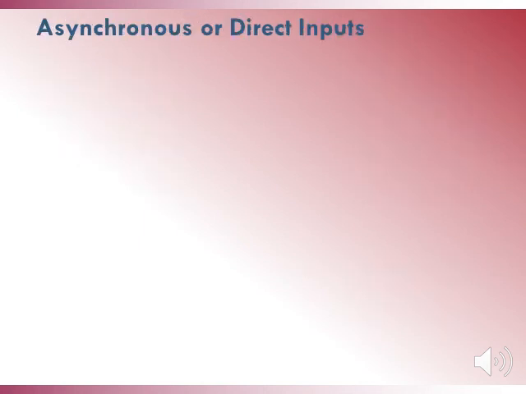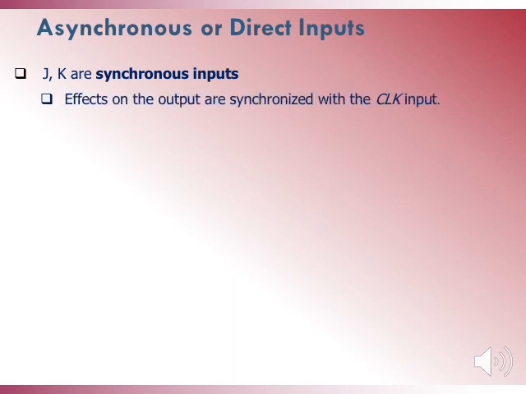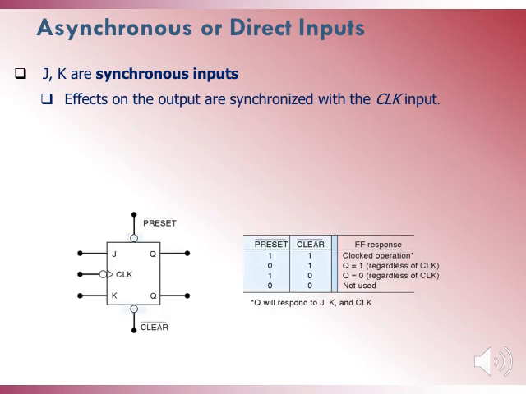Now we consider flip-flops with asynchronous or direct inputs. Previously, the JK inputs that we have given are referred to as synchronous inputs because the effects of these inputs on the output are synchronized with respect to the clock signal. Now, the diagram here shows two additional inputs, which are preset bar and clear bar, that we apply to the normal JK flip-flop.